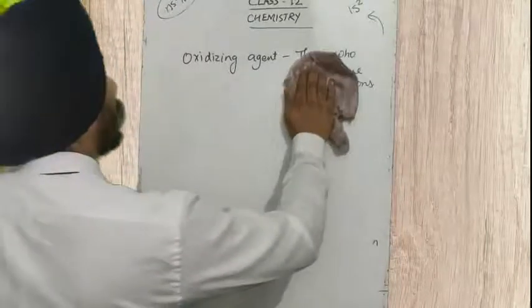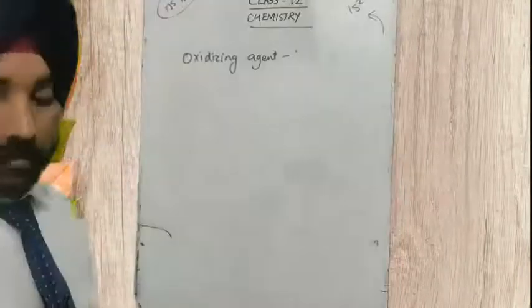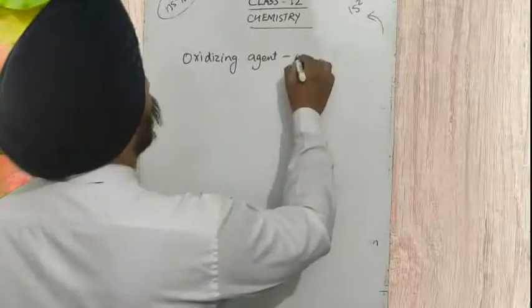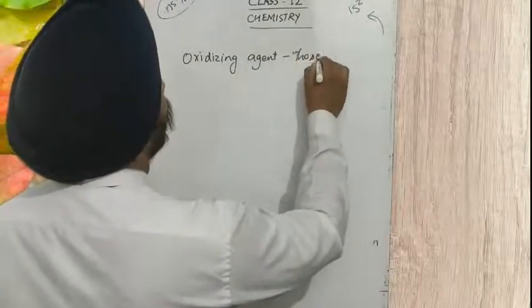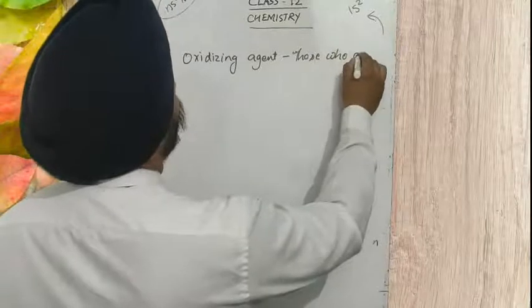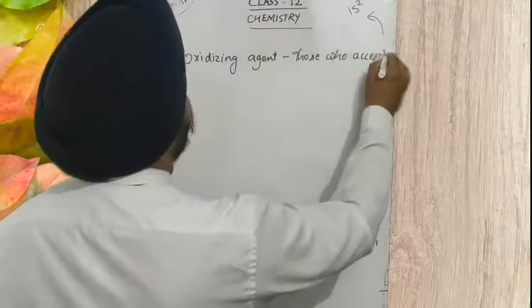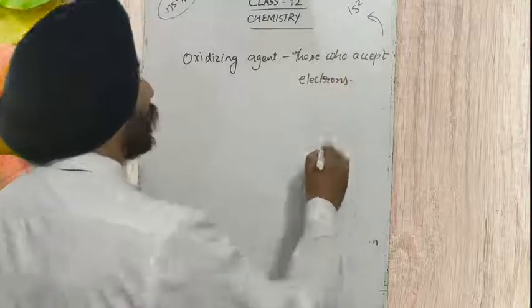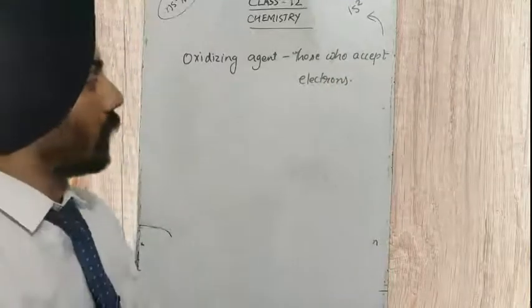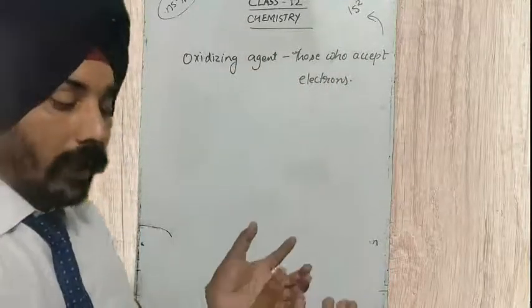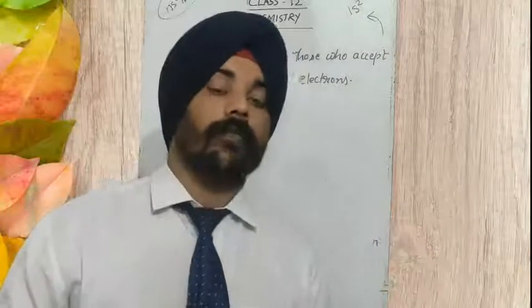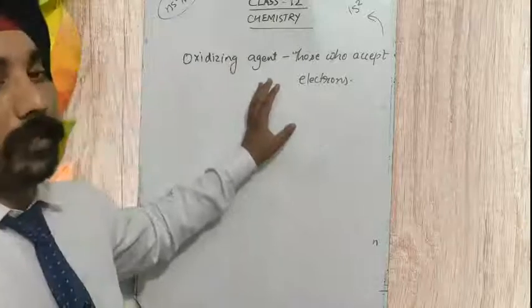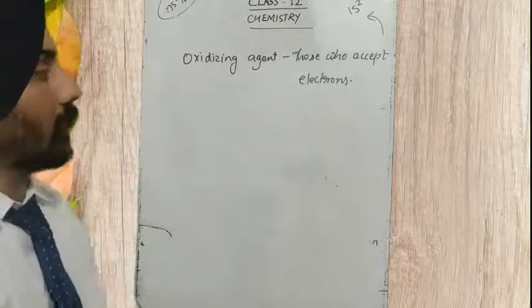Those who accept electrons. The species that are going to accept electrons, that take away electrons from an atom of an element, that kind of species are called oxidizing agents.